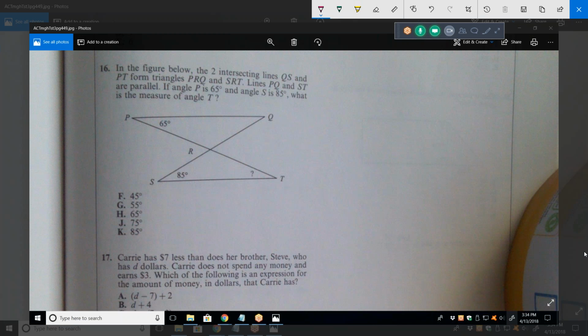Lines PQ and ST are parallel. And the rest of the material is already on there. They tell you that one's 65, that one's 85. What is the measure of this angle right there?